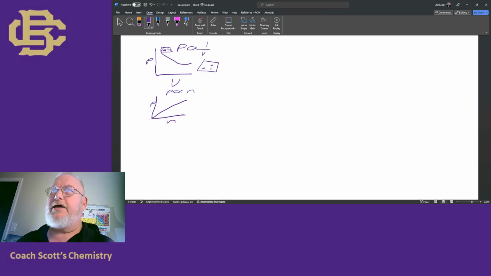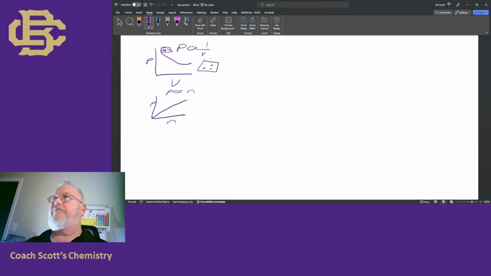If pressure doubles, then the amount of gas has to double if volume and temperature in Kelvin are constant. If I add more gas, more N's, my pressure is going to increase because I've got more little atoms banging around against the side of that container, if temperature in Kelvin is constant.